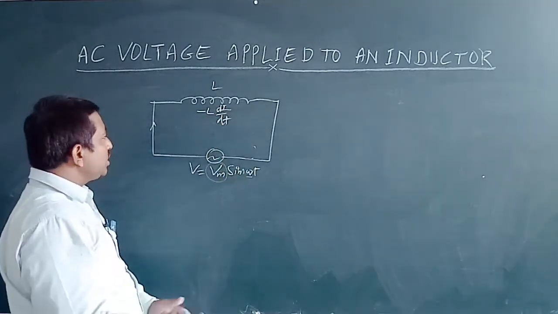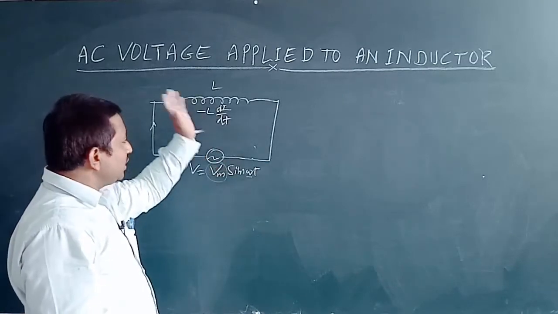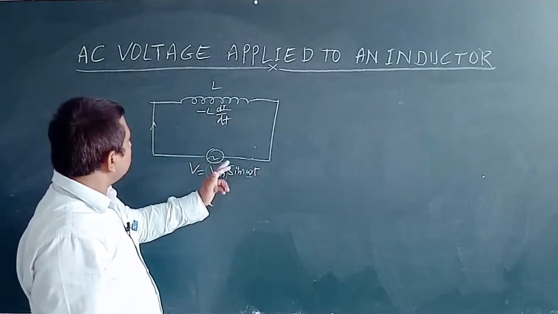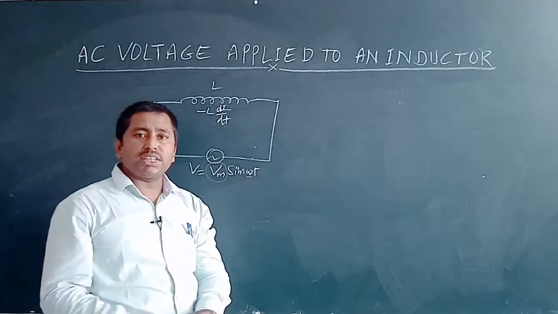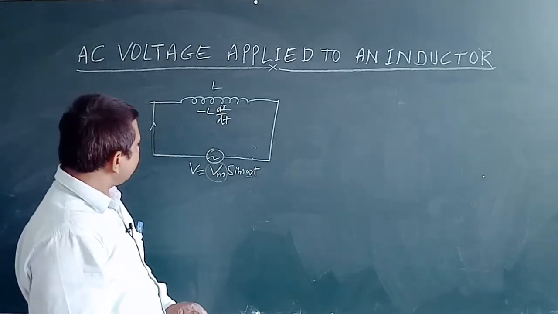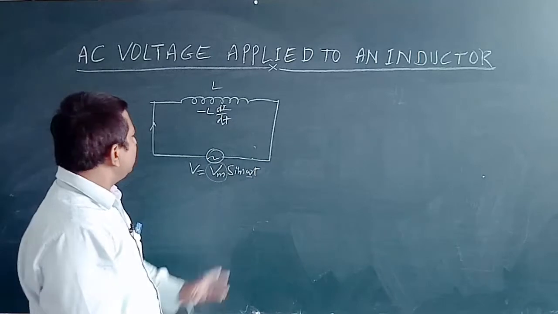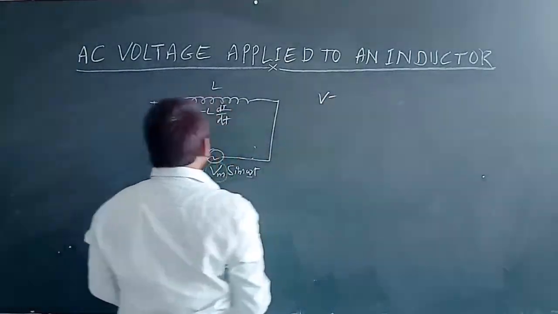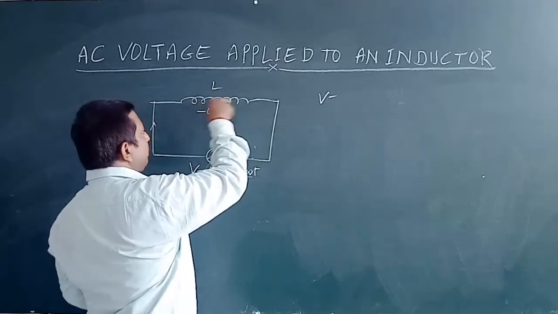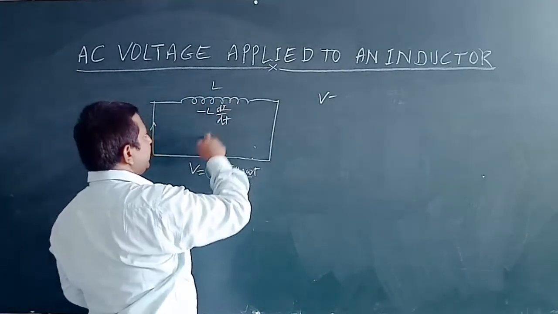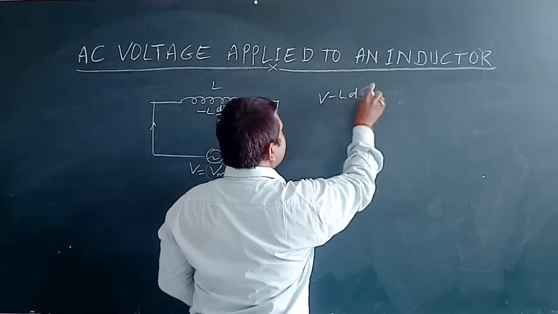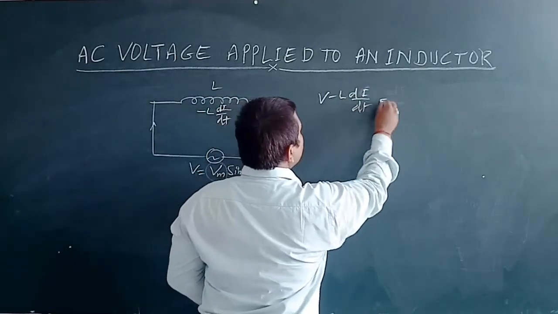According to Kirchhoff's law, the total algebraic sum of the change in potential across any circuit is always equal to 0. So if we put the supplied voltage V and the potential drop across the inductor, minus L di by dt, this is equal to 0.